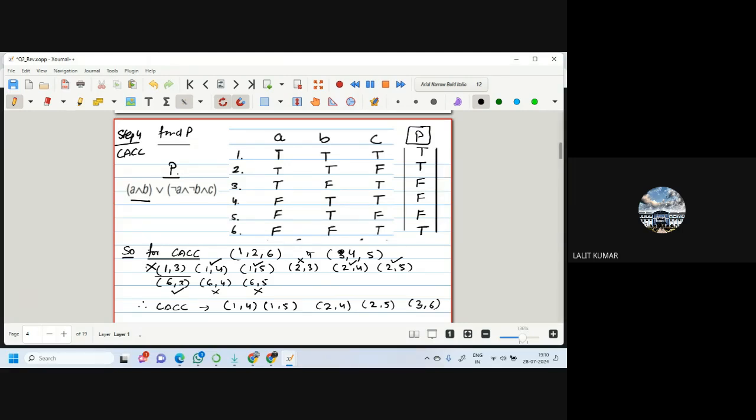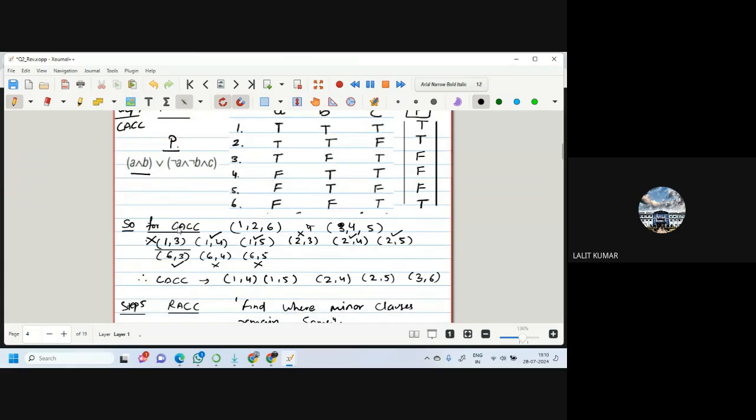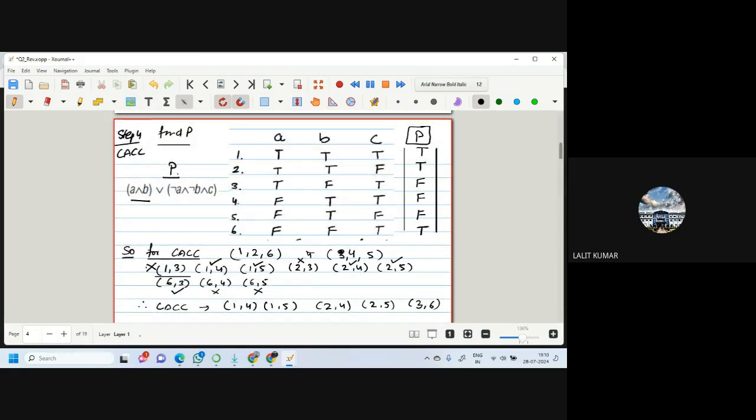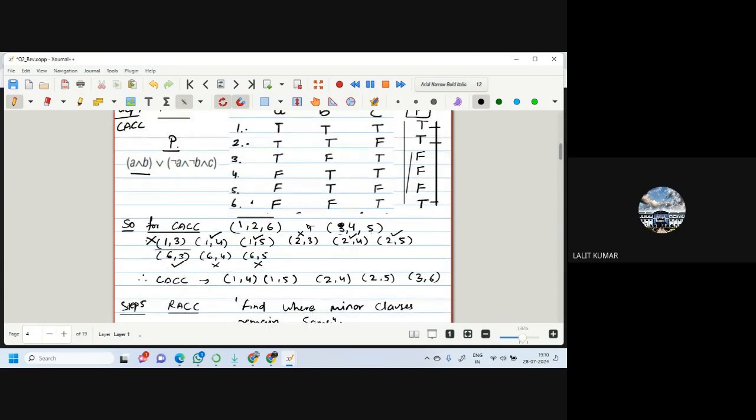So see here, 1, 2 and 6, the predicate is true. So I get 1, 2, 6. 3, 4, 5, it is false. So this is 3, 4, 5. So again, I make 9 combinations here and I start checking whether my CACC criteria is fulfilled or not.